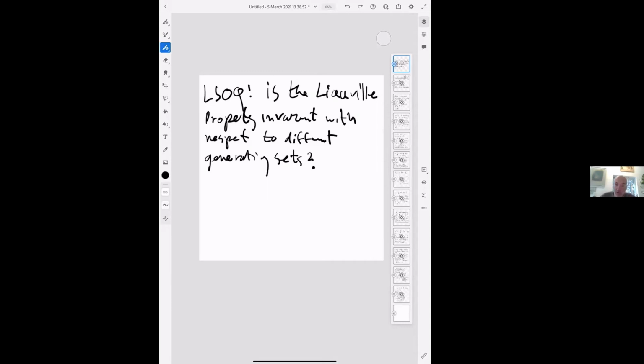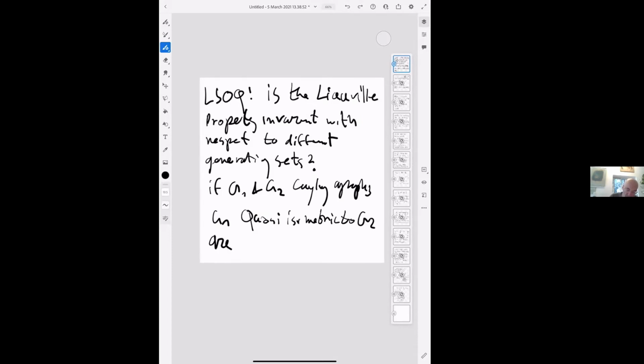And more generally, if we have two Cayley graphs, G1 and G2, and G1 is quasi-isometric to G2, are they Liouville together?